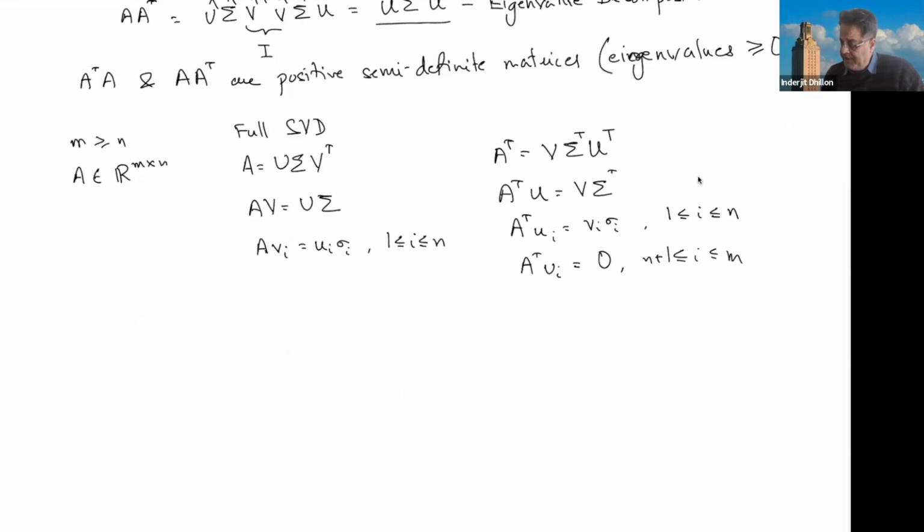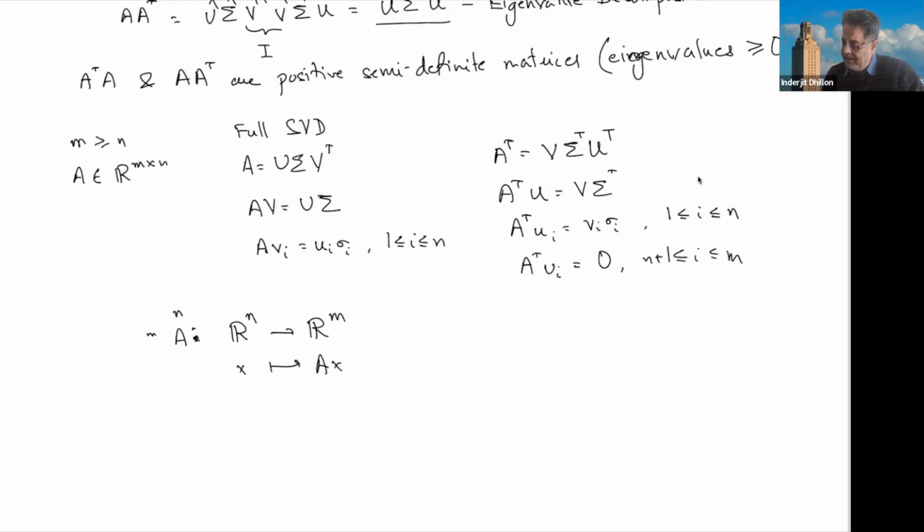Remember, I talked about the SVD as a matrix doing a linear transformation. So if I have an M by N matrix, A basically represents a linear map, a linear transformation from Rn to Rm. So this is x to A times x.